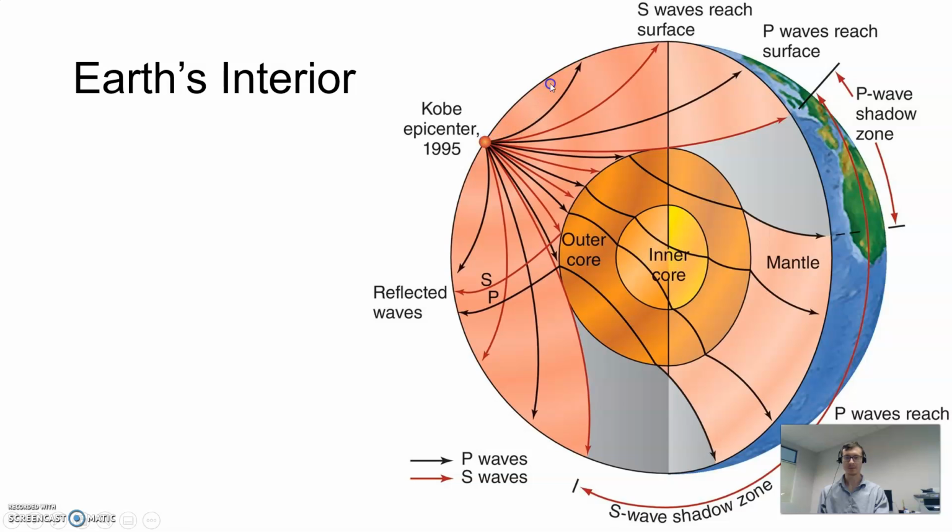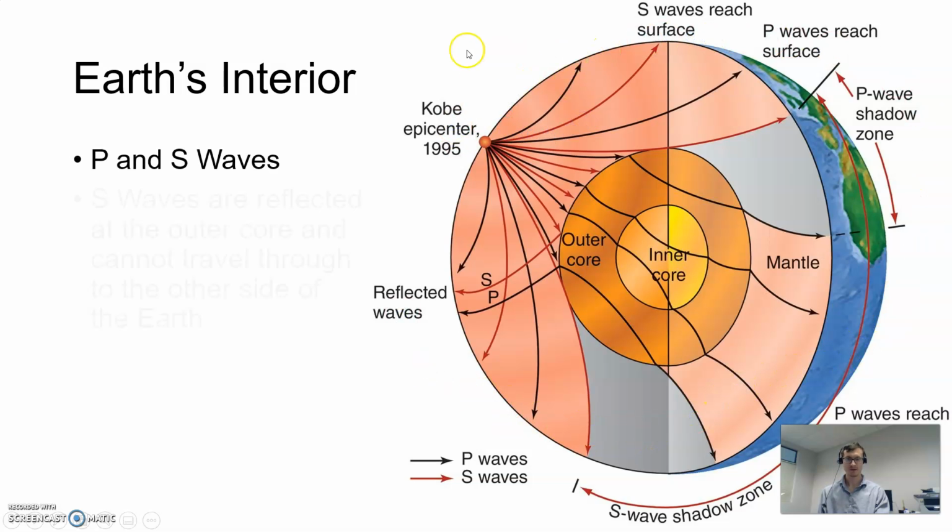Notice that we have our P waves, our primary waves, in black, and our slow waves, secondary waves, in red. So here is the original source of all these waves, and we have all these listening stations all over the world which are talking to one another.